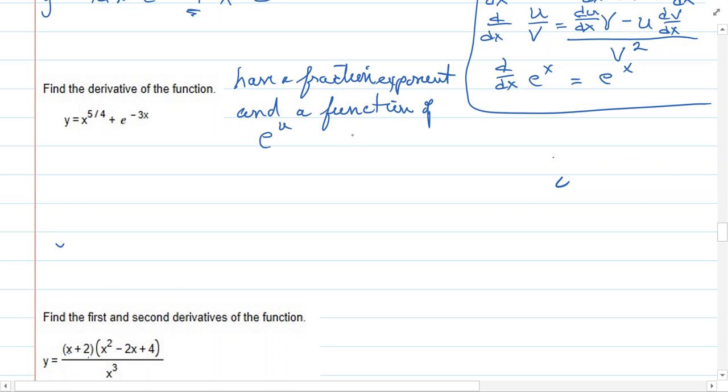So that means we're going to have du e to the u. So we're going to take the derivative of the u, and then take the rest. And it's an addition, so that makes it even easier.